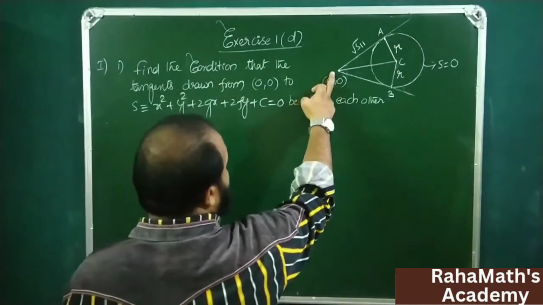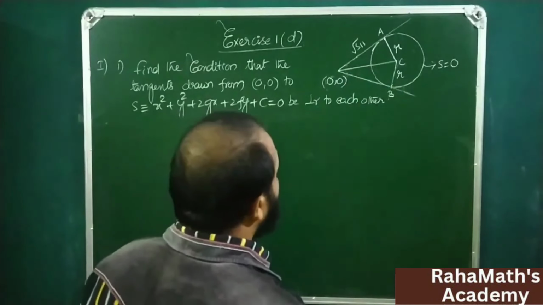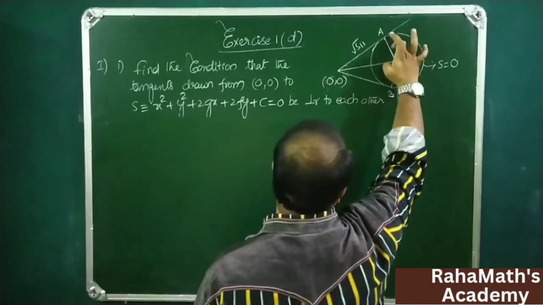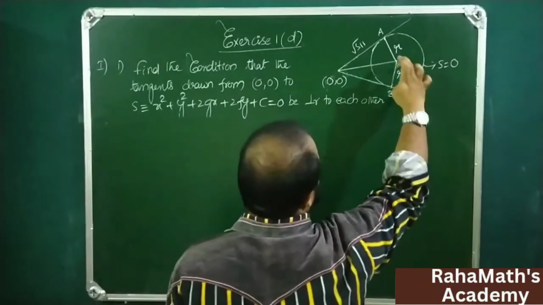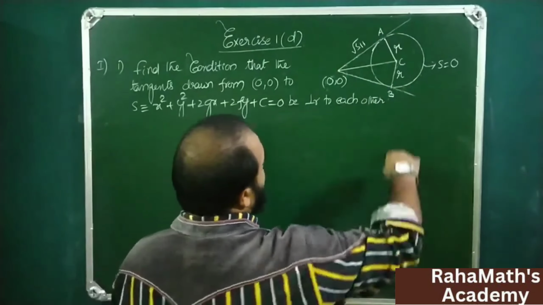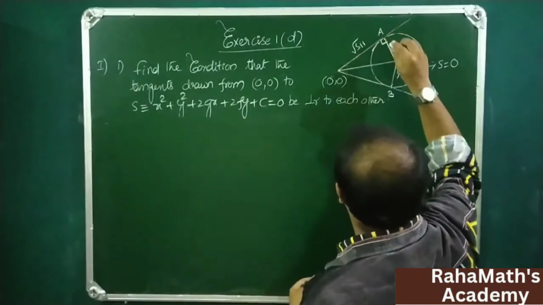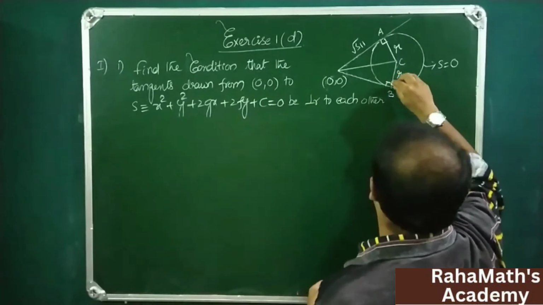So from an external point P, two tangents are drawn. Let us suppose that the tangents touch the circle at A and B. So this is the radius. This is perpendicular and this is also perpendicular, as we all know.